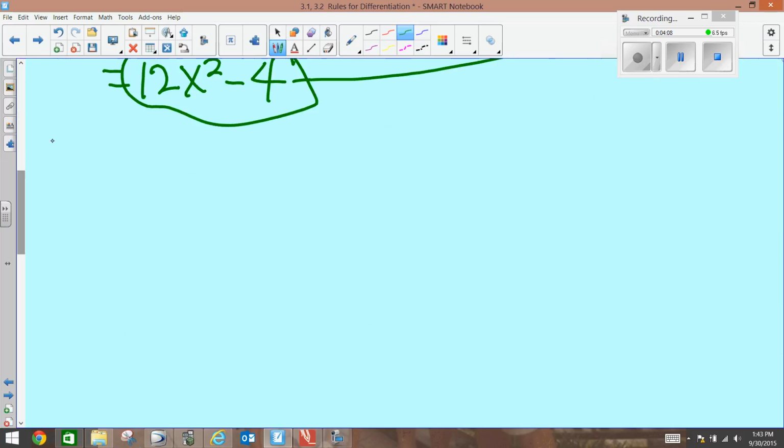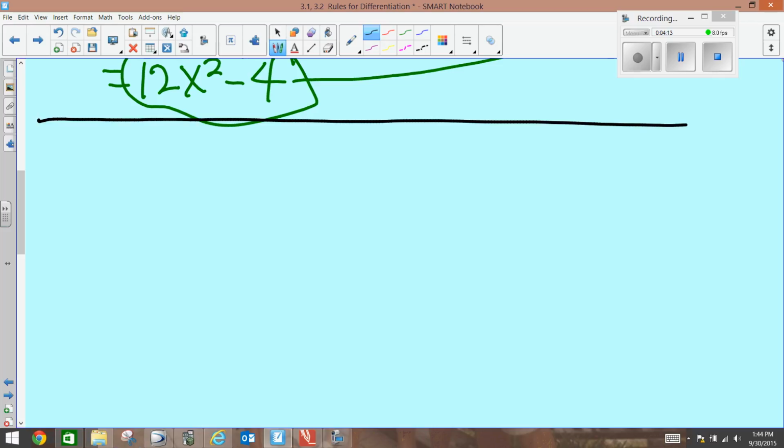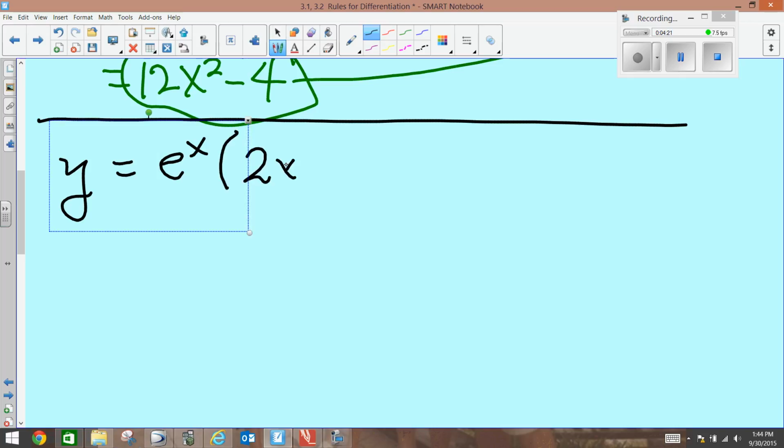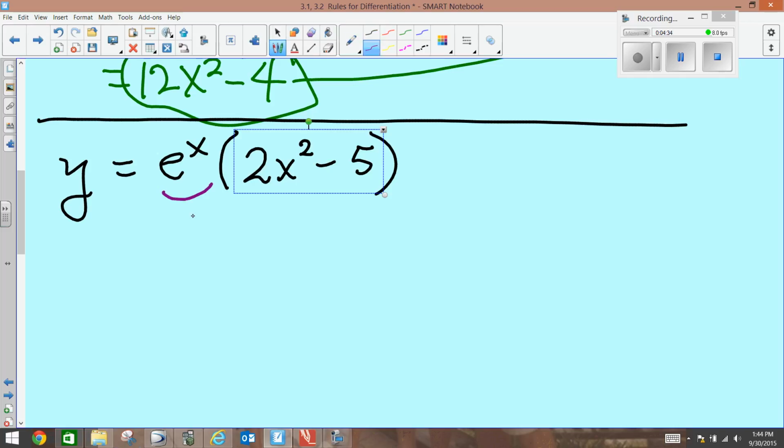So, for example, let's take a look at another example. Let's say we want to find the derivative of e to the x times 2x squared minus 5. Okay, so remember we can use the product rule. Okay, so let's use the product rule first. So this is considered u. This is considered v.